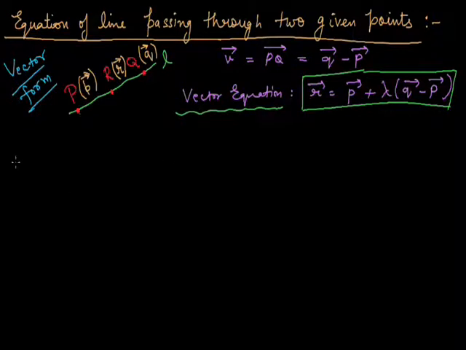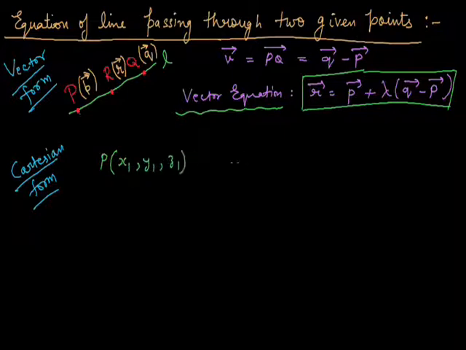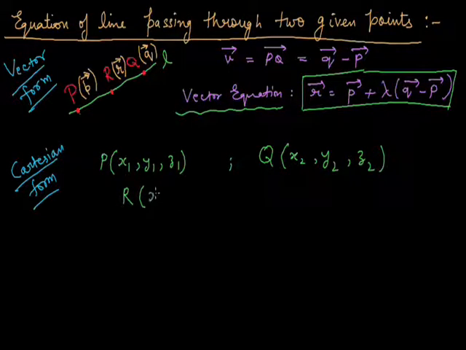Now let's convert it into Cartesian form. For that purpose, we are given 2 points. The point P, assume that its coordinates are x1, y1, z1, and the point Q, assume that its coordinates are x2, y2, z2. And let's say the arbitrary point R has the coordinates x, y, z.